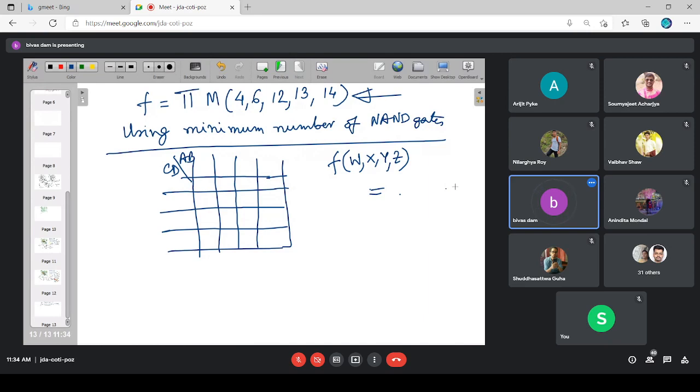Okay, this could have been 5 inputs. It could be 6 input variables, or 7 input variables. But normally what we do is try to find out the maximum min term or max term index value, and accordingly decide the number of input variables.